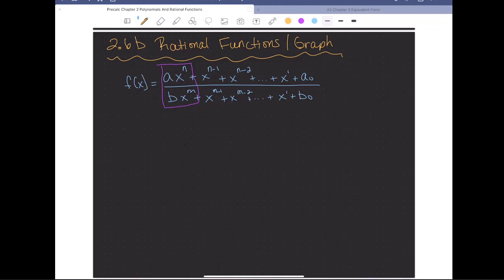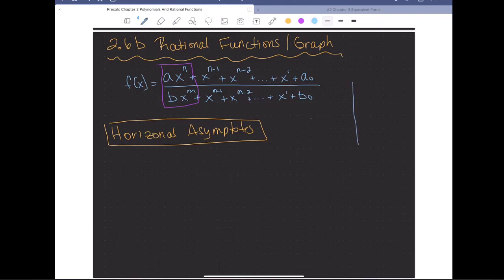So we want to talk now about horizontal asymptotes and what all of this means. If I were to draw a graph, something along this line, and I'm looking for a horizontal asymptote, horizontal would be going in this direction.